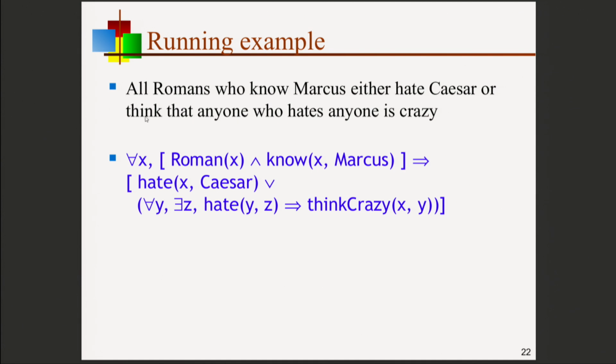This portion is represented with for all y, anyone who hates anyone: y hates z, where z has an existential symbol, z is within the scope of anyone, which is y, implies think crazy, where x, the Roman, thinks crazy about y. So this statement, think that anyone who hates anyone is crazy, is given by these statements.